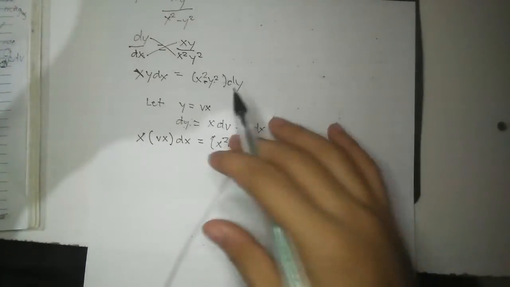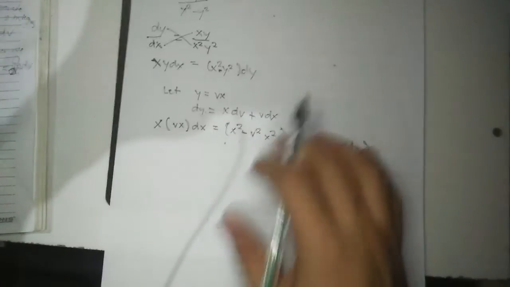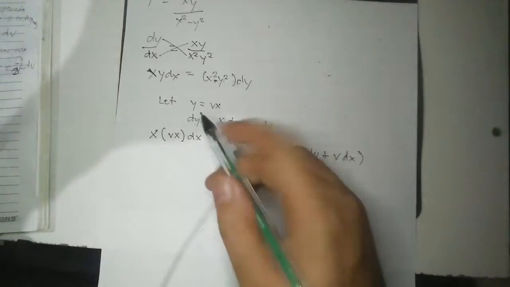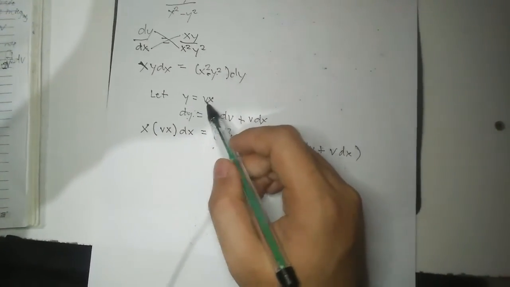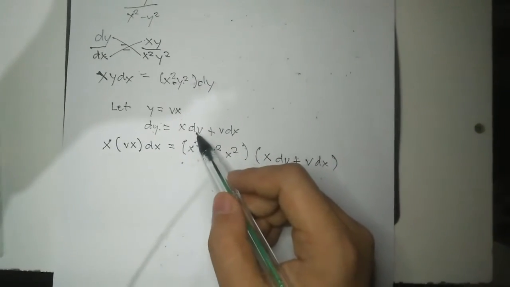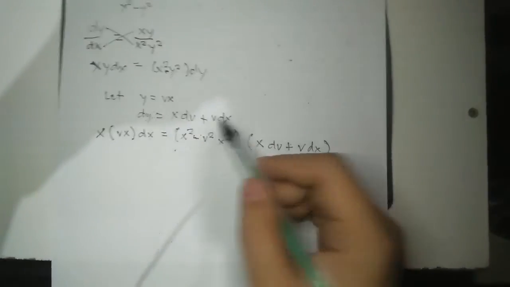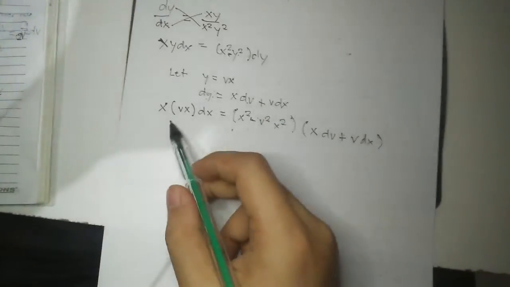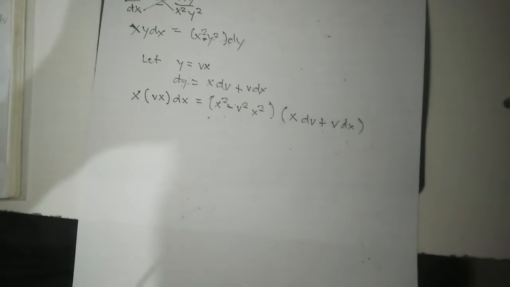So now we just plug in all of the equations, as y is equal to vx and dy is equal to x dv plus v dx. So it is right here.